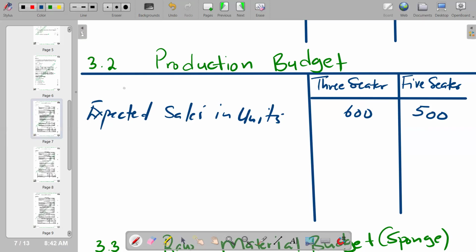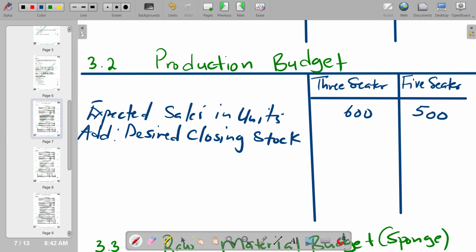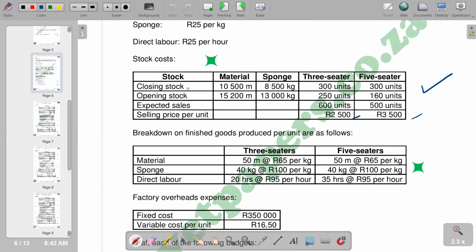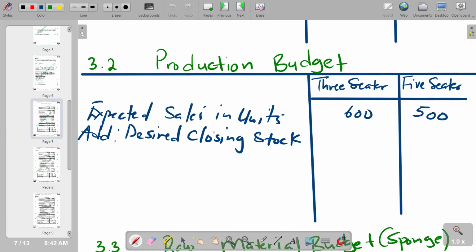Then we add desired closing stock. The desired closing stock is 300 units for the three-seater and 300 units for the five-seater. So we enter 300, 300.